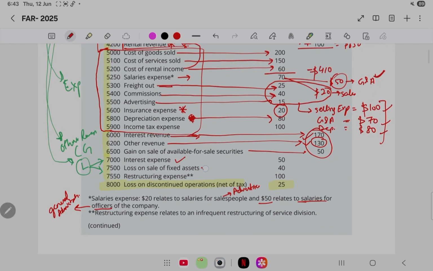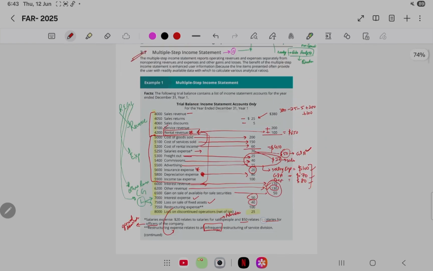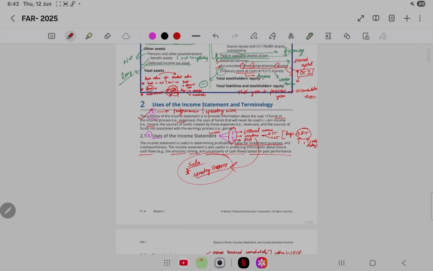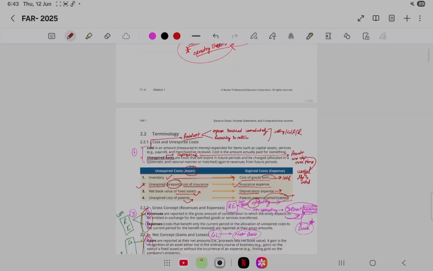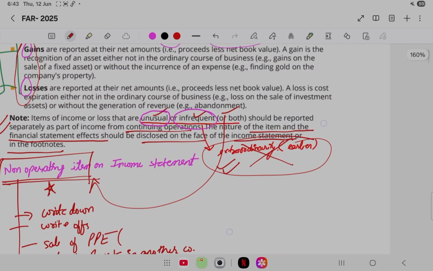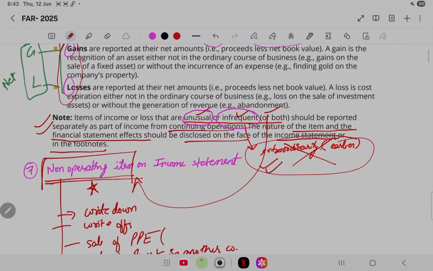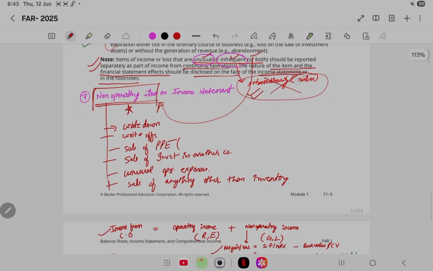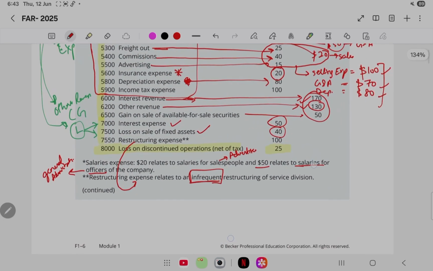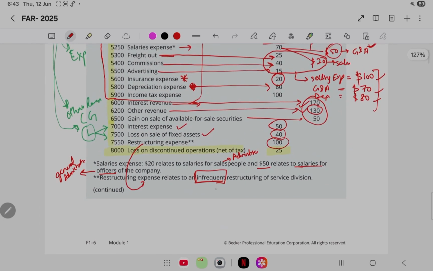Now subtract the expenses. Interest expense, loss, and what we have called the restructuring expenses is related to the infrequent. Do you remember the words infrequent and unusual? Here, items of income or losses that are unusual and infrequent are considered as non-operating items. So it will also come under the non-operating item, 100.